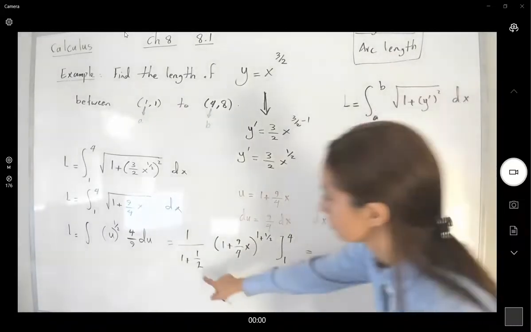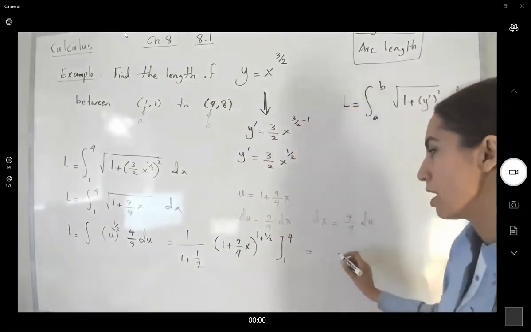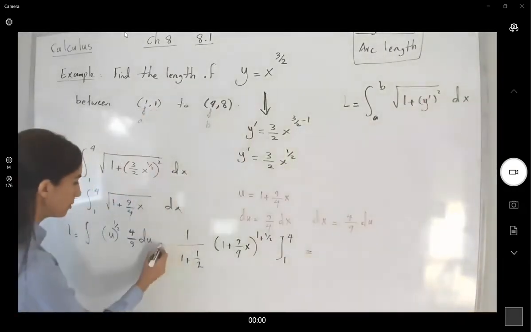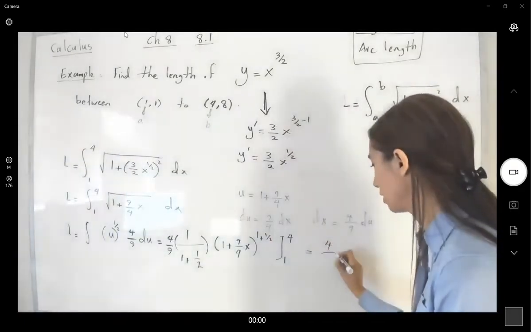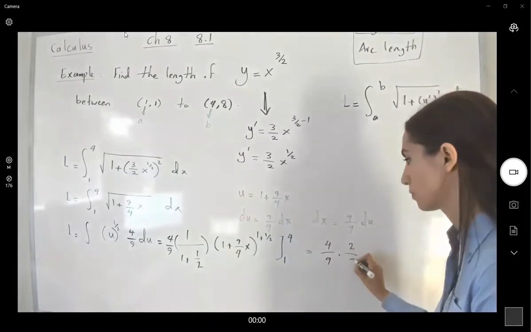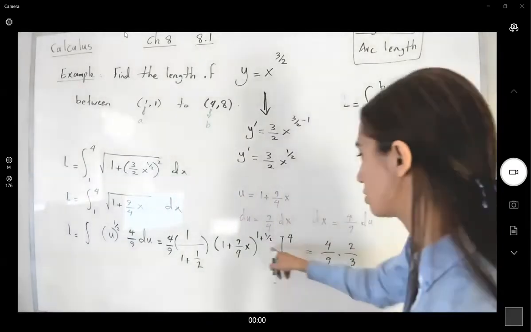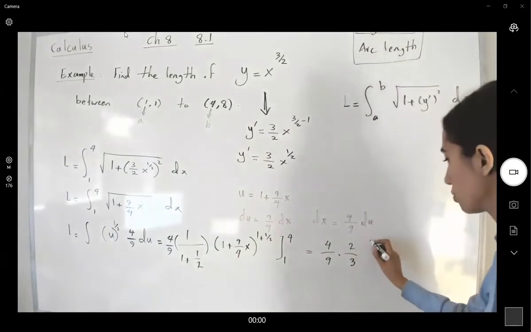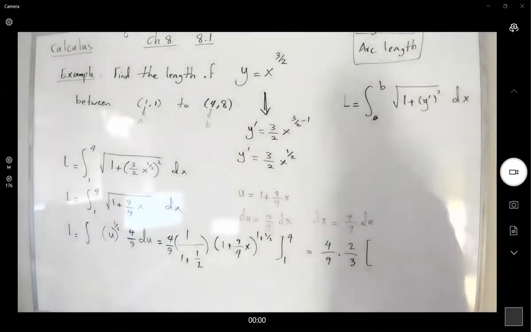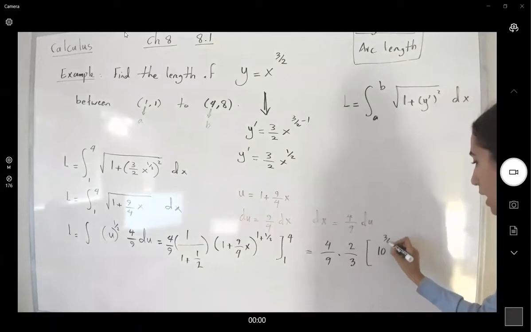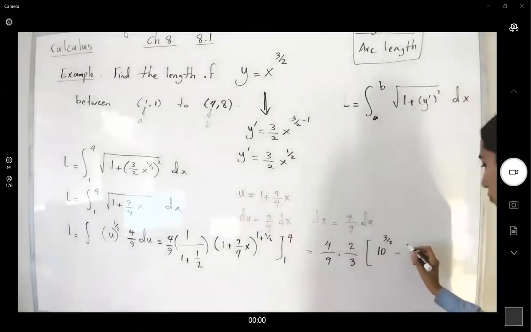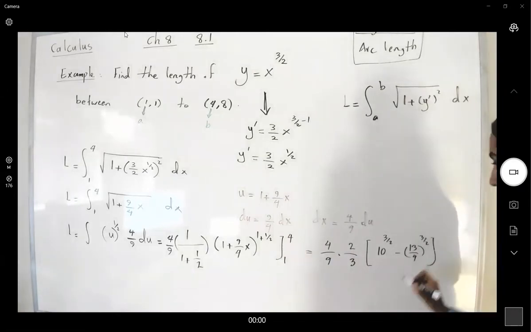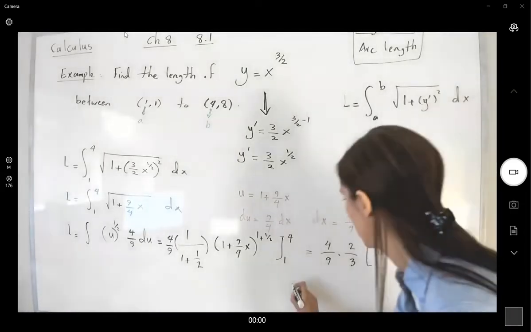This guy is equal to, if you take common denominator, you get 2/3, and I missed this guy, 4 over 9. 4 over 9 times 2/3, and then for this guy, we just need to plug in 4, then plug in 1, and try to simplify this. We get 1 plus 9, 10 raised to 3/2, minus, when I plug in 1, I get 13 over 4 raised to 3/2. So eventually we have to use a calculator.